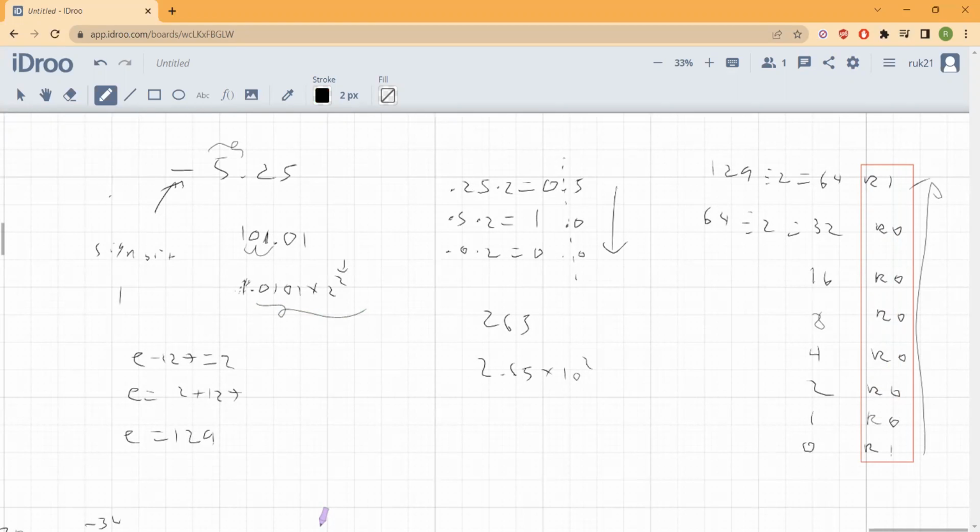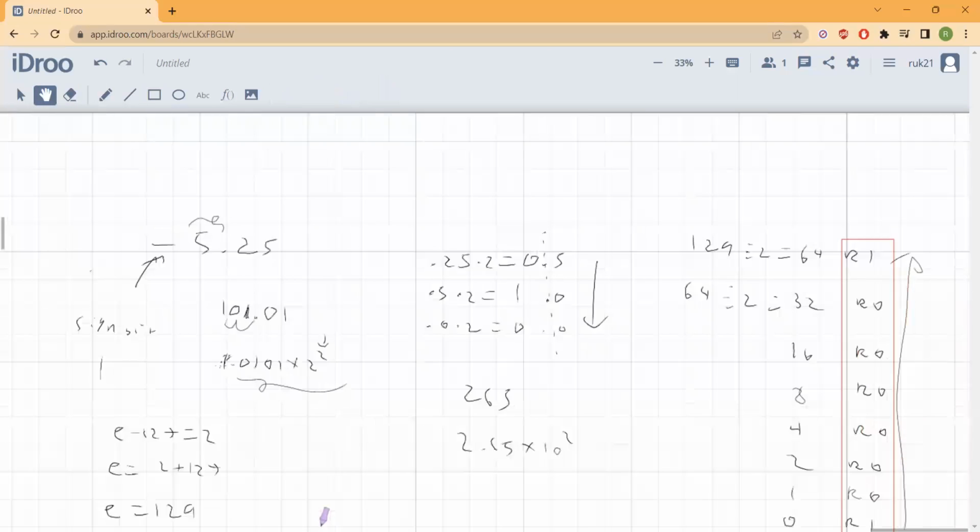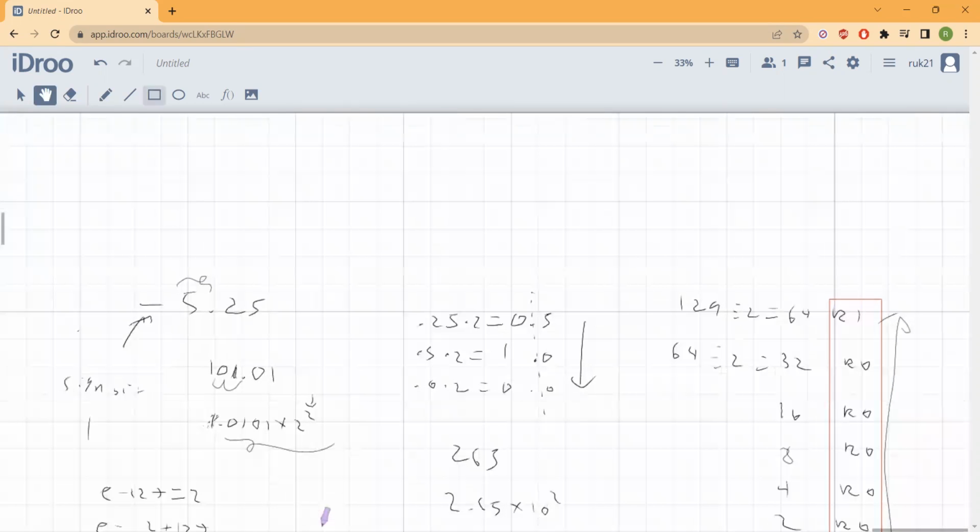So in the end, if I were to represent this in floating point form, I would combine everything we have. First, I would put the sign bit. Then I would put our exponent, which was 1, 0, 0, 0, 0, 0, 0, 1.